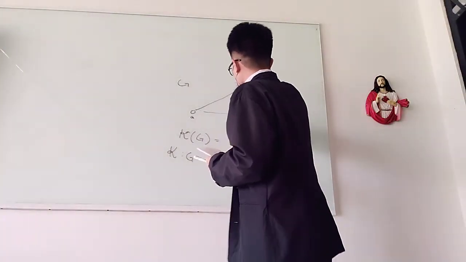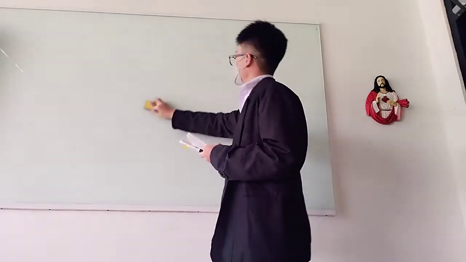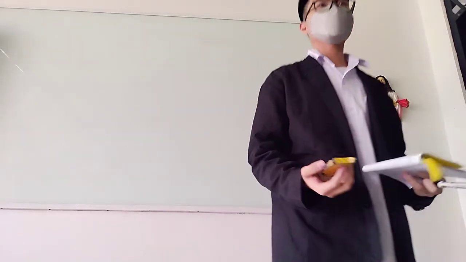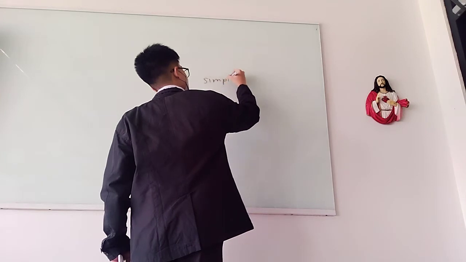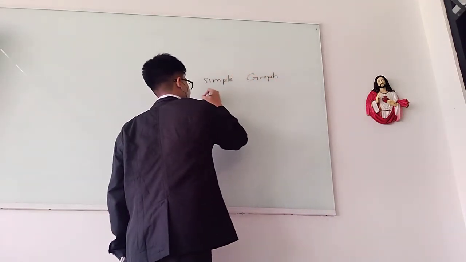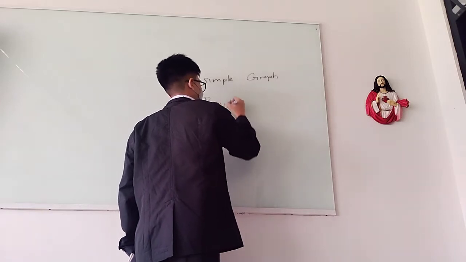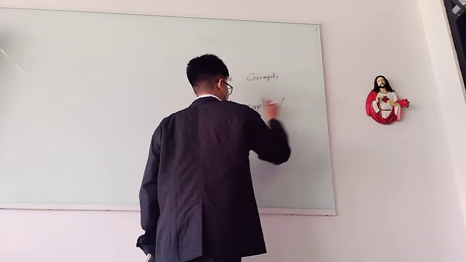So now, given this information, let's classify 2 specific types of graphs. We have a simple graph, and then we have the pseudograph, or the multigraph.